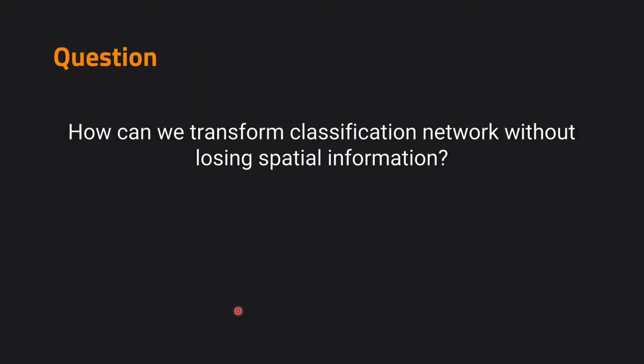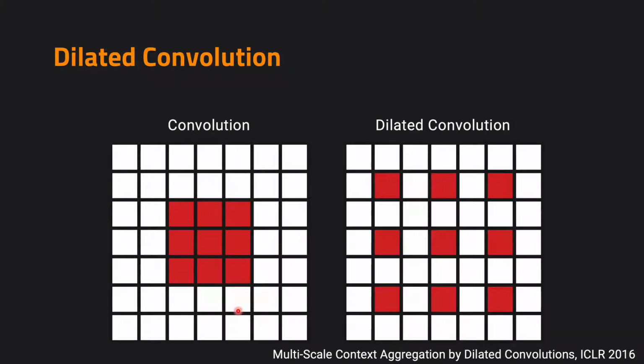We hope that the spatial information can pass successfully from input to the output. And then the question here is how we can transform the representation learned by the classification network to the ideal case, which means that we do not lose the spatial information. And here we introduce the dilated convolution.